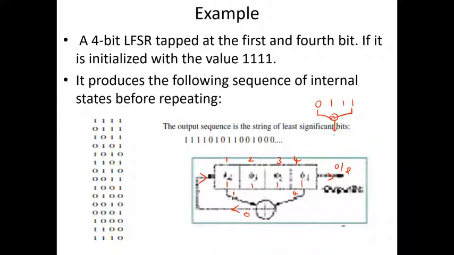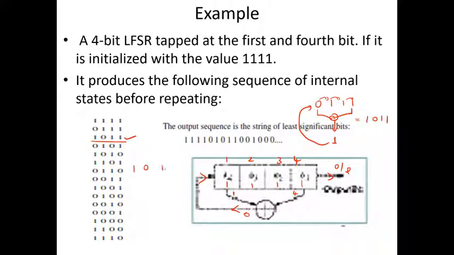So 0 XOR 1 will result in a 1. This 1 should come here and everything should shift right by 1 bit. So the next value will be 1, 0, 1, 1.